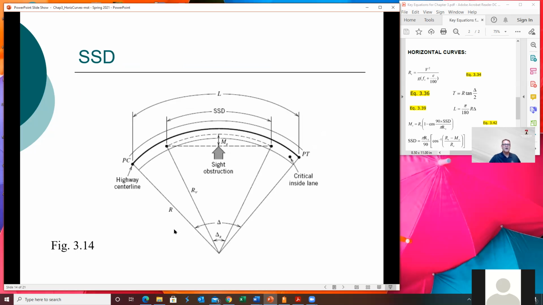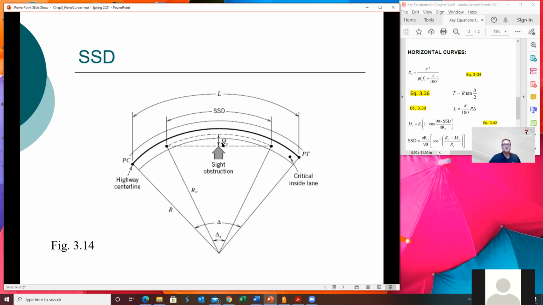So this is what we're talking about here, a sight obstruction. This is a horizontal curve. You're going along, there's a tangent coming out this way, and there's a tangent coming out this way, and you're going along the curve, but there's some major obstruction here. This could be trees, a building, a retaining wall trying to keep the slope back, or it could be just the slope itself.